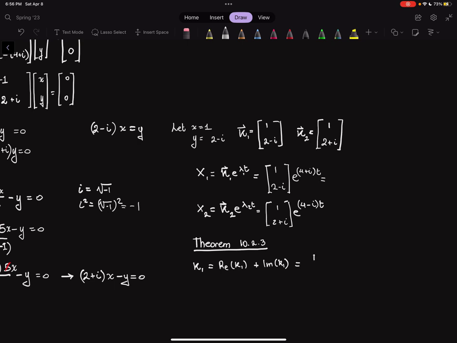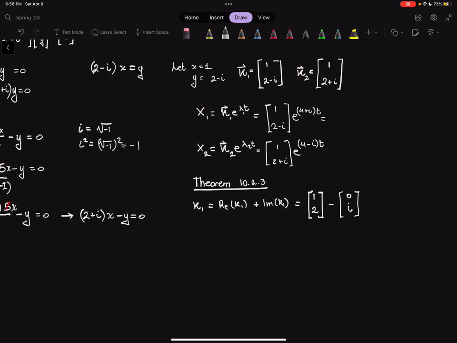Well, it's just (1, 2). And the imaginary part is (0, 1), times i. See, if you add them up, you get back this vector over here.